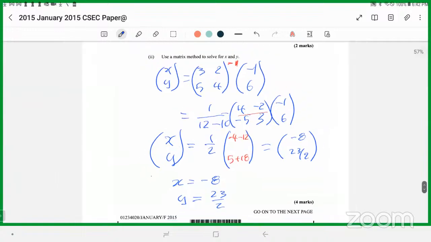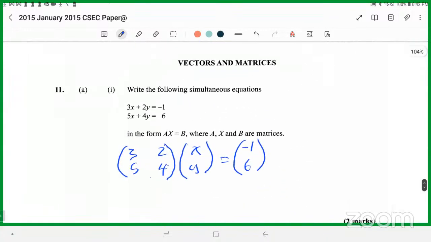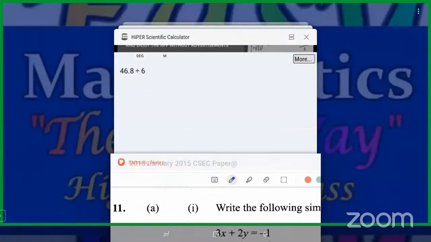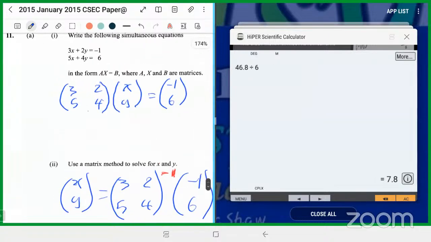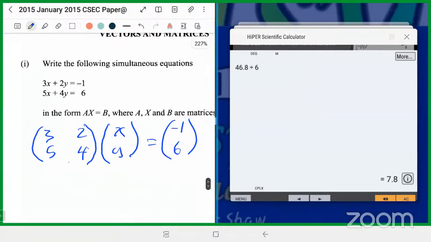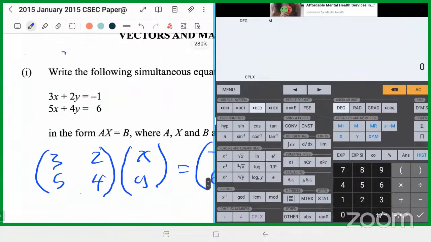I don't like these answers. I'm just going to make sure that they are correct, right? Let's get the calculator and test them, quick and fast. So we say x equals -8 and y equals 23 over 2.